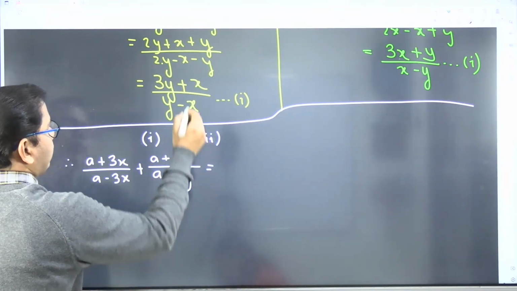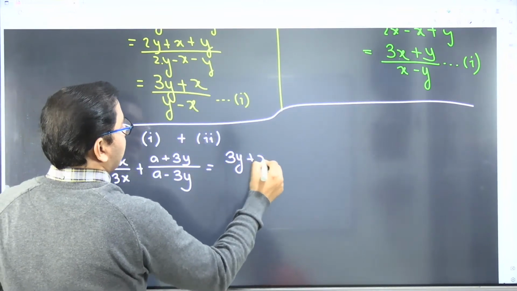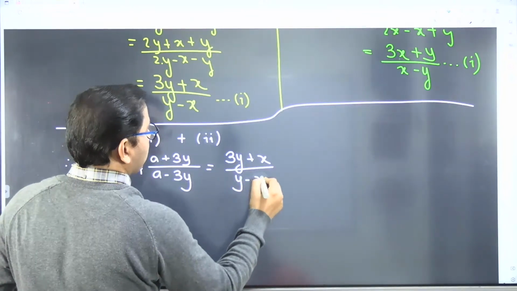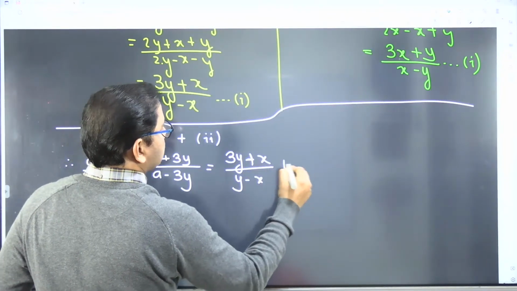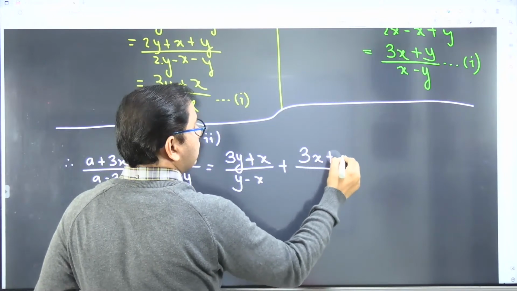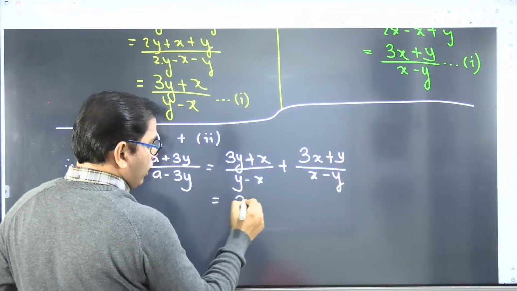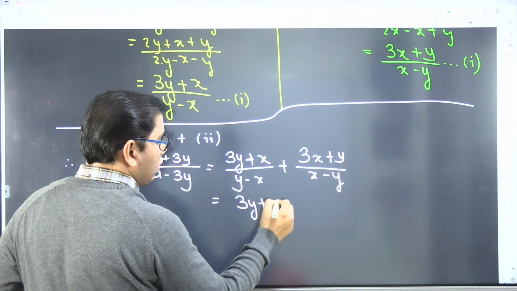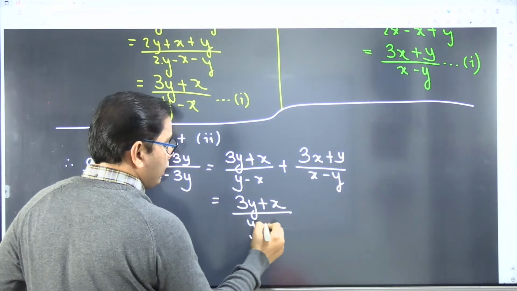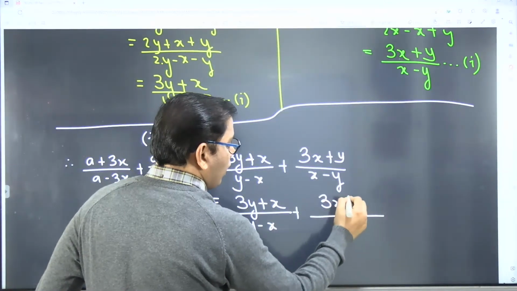So this is the left hand side. What is the right hand side? 3y plus x upon y minus x, plus what is the right hand side of equation number 2? 3x plus y upon x minus y. Okay, a little problem here.